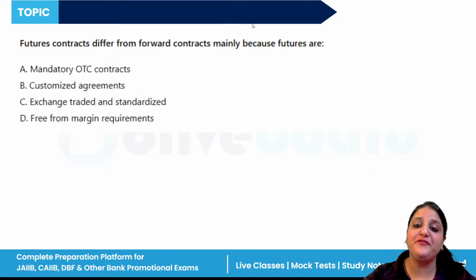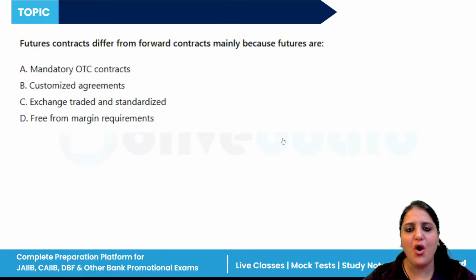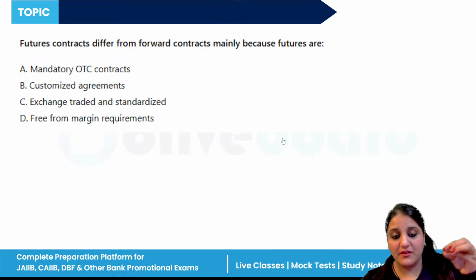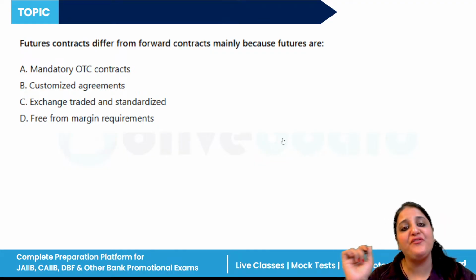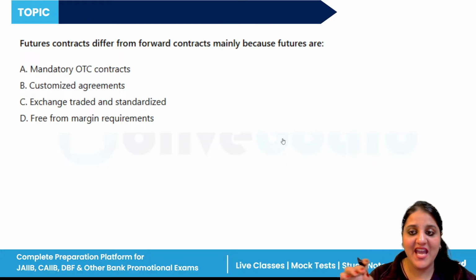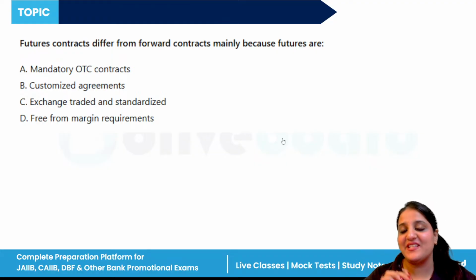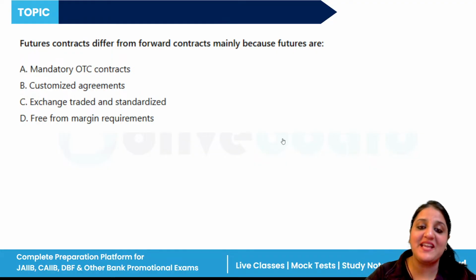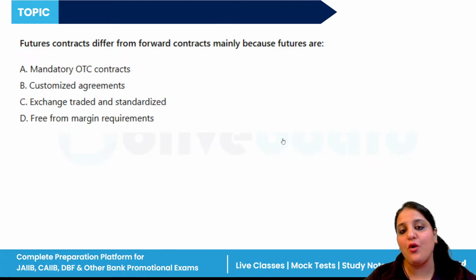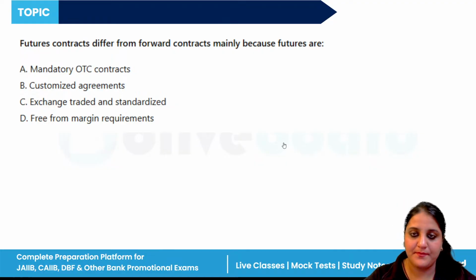What is the meaning of a futures contract? A futures contract, as I told you, is a standardized legal agreement to buy or sell any asset like gold or oil at a predetermined price at a future date. They are traded on a regulated exchange to manage price risk or speculate on price movements.